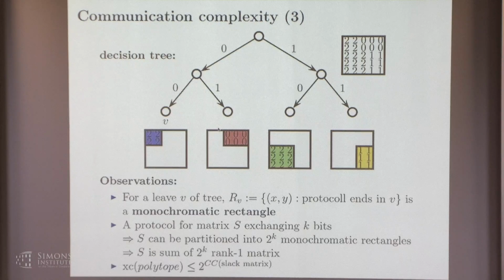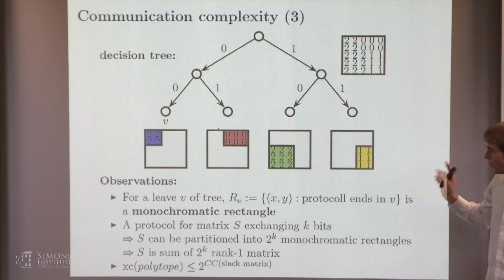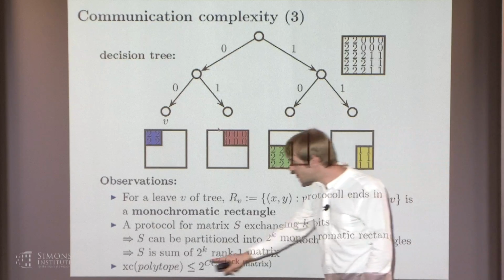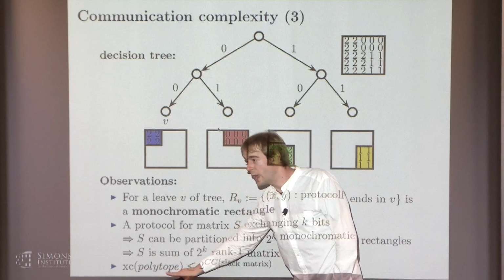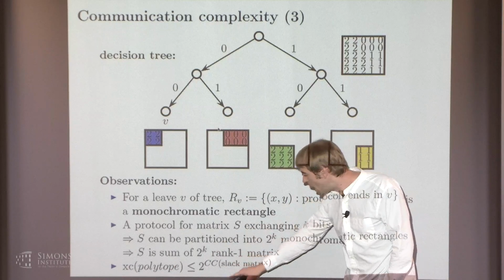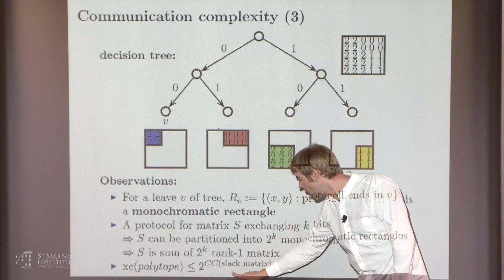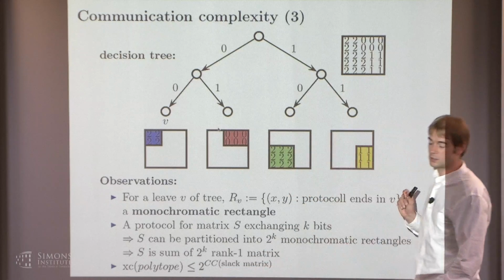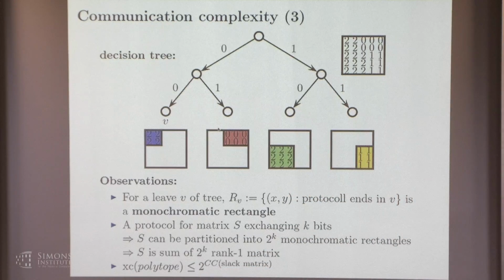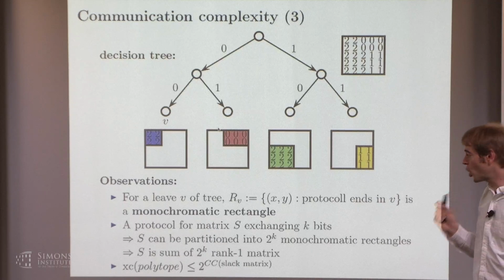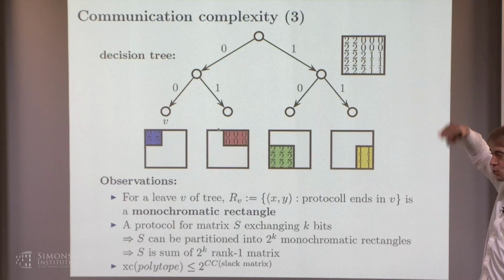Okay. So I hope I could convince you that the following is true. The extension complexity of a polytope, we just saw that it's actually bounded by 2 to the communication complexity of the slack matrix. It doesn't look very good if you have an upper bound which is 2 to the something.